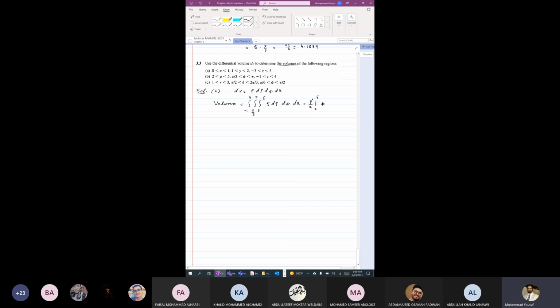The integral of 1 is phi, from pi over 3 up to pi. With respect to z, there is no z, so we consider 1 as the integrand, and the integral is z, from -1 up to 4.